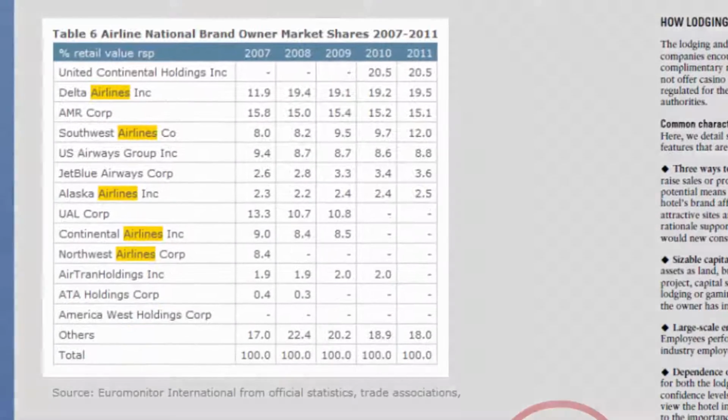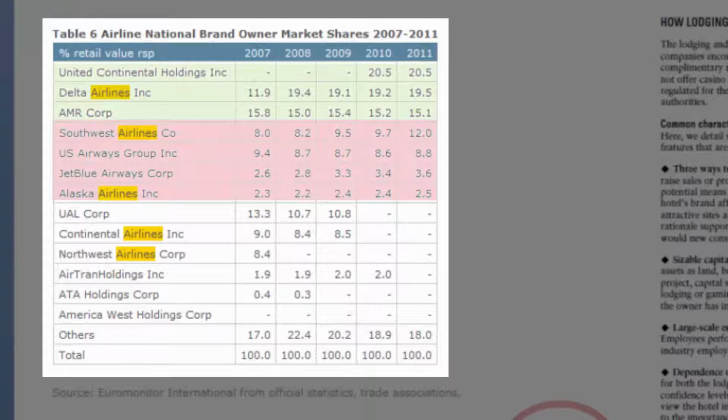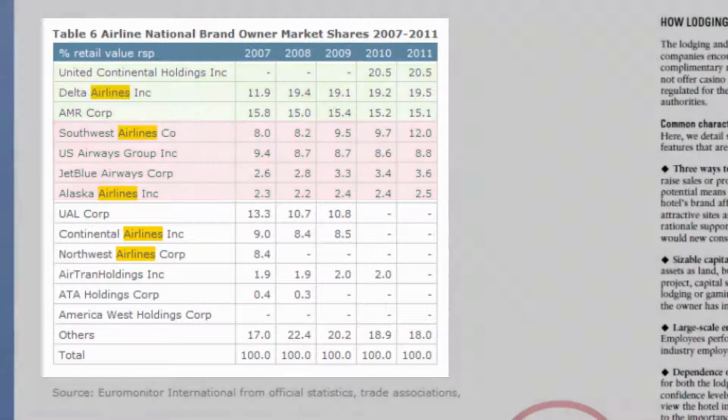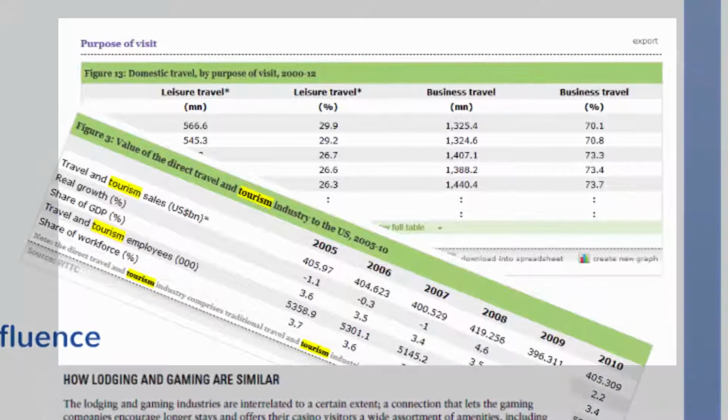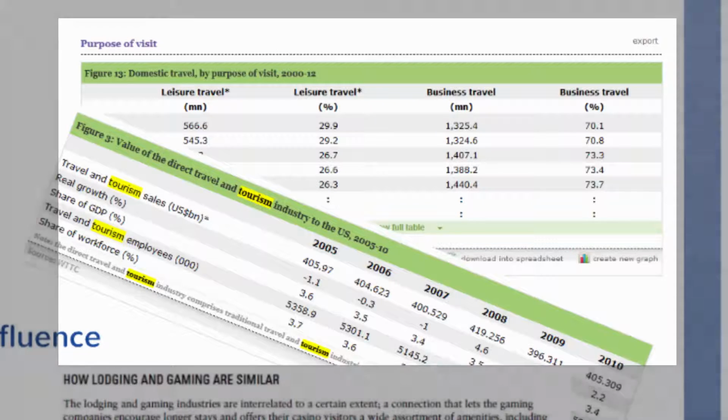This table here shows trends in airline brands, and you can see some have been doing much better than others over this 5-year span. I can then look at the actual size of the market, both in numbers and percent, as well as in dollar value. So you'll see a lot of different numbers and tables like that.